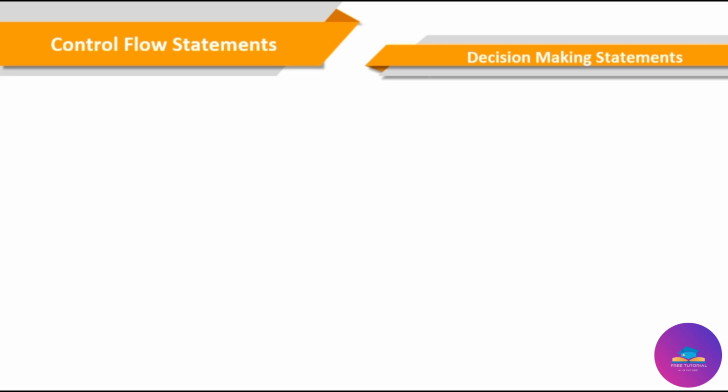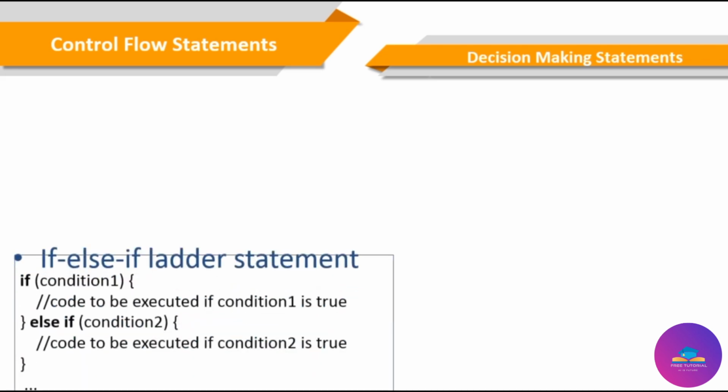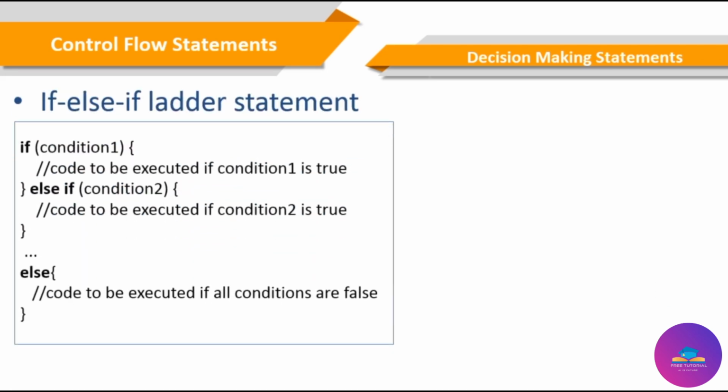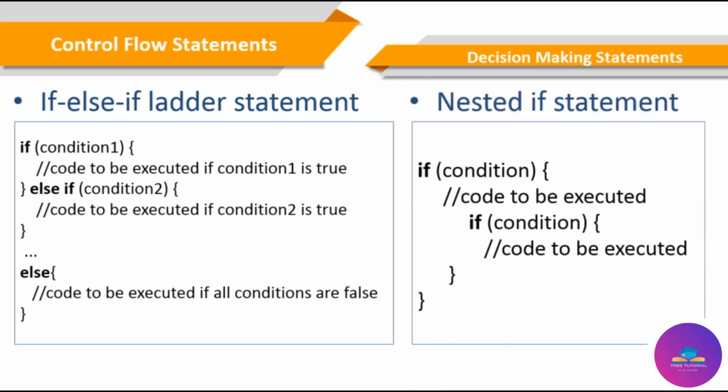Let's have a closer look now at the if-else-if ladder statement, as well as the nested if statement syntax. So first, the Java if-else-if ladder statement executes one condition from multiple statements. And then secondly, the nested if statement represents an if block within another if block.